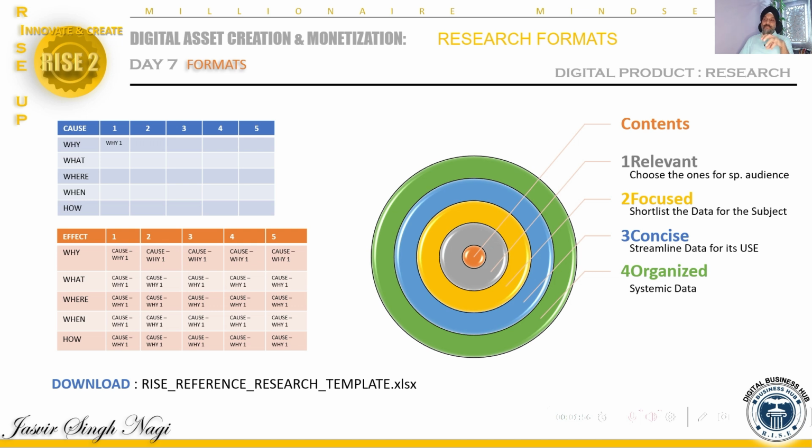Now, once that focused data comes into existence in a serial format, you then pick and choose the relevant data for your audiences. Okay, so we organized data, we made it concise, picked the right ones, which will then be used in a concise format for the purpose it is meant for.